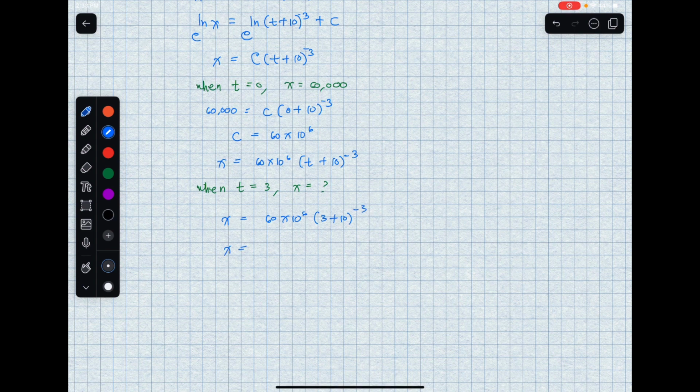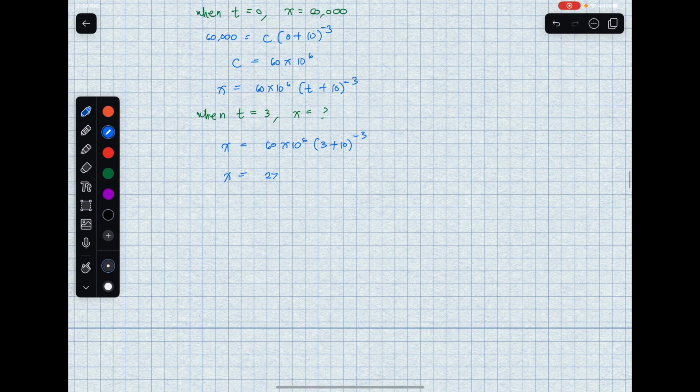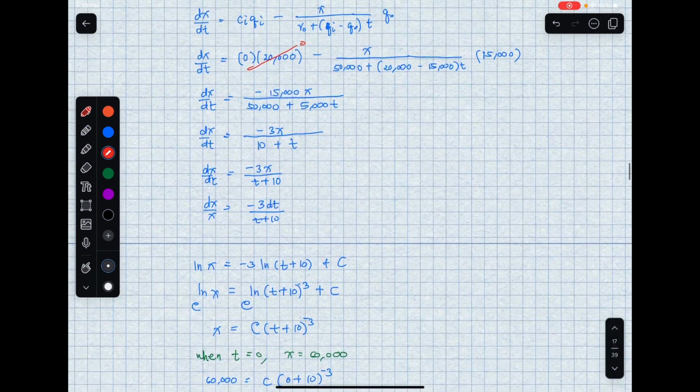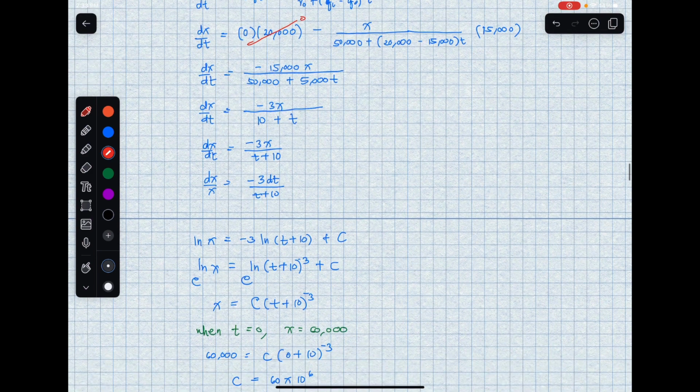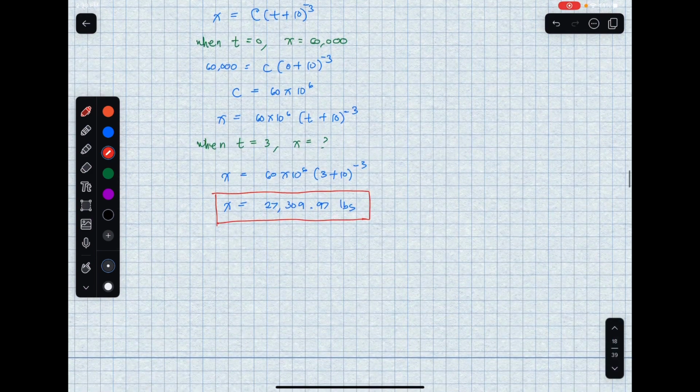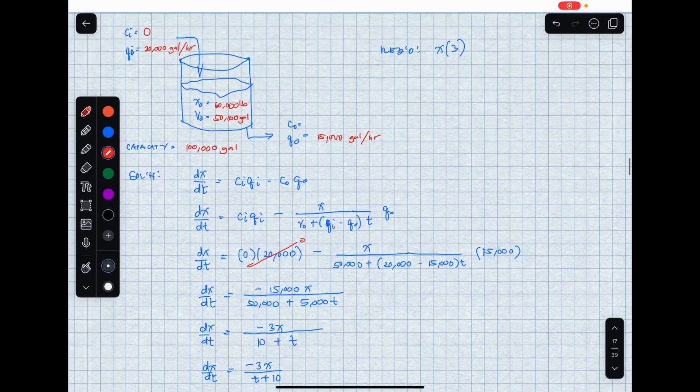So 60 million divided by 13 raised to 3, approximately 27,309.97 pounds. So x is 27,309.97 pounds of organic material after 3 hours. And that is a mixture problem.